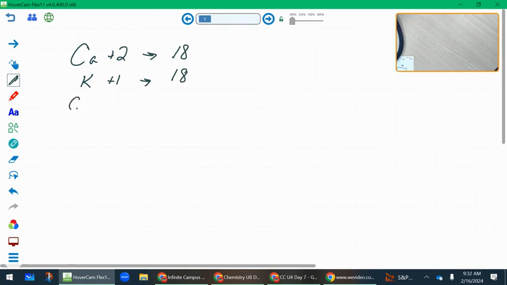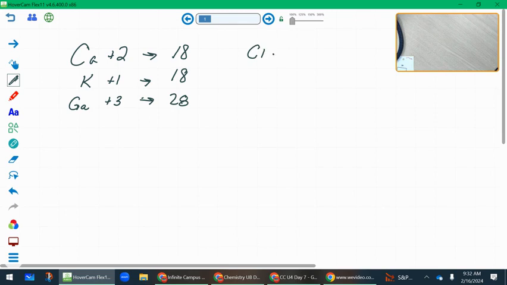What about gallium? +3. Okay. How many electrons does it have? 31. So what would it have then? 28. Okay.